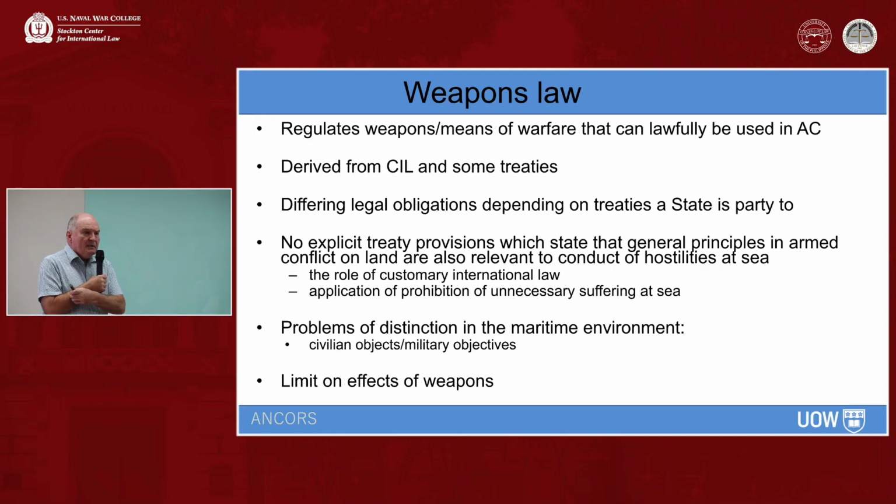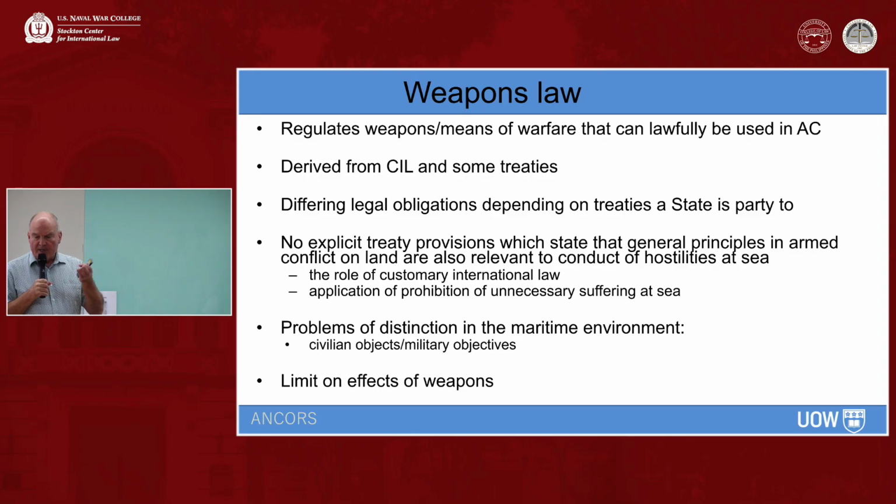Okay. Another bit of law that is of relevance when we're talking about means of warfare is what's described as weapons law. For some of you who like doing study into these things, you can complete courses on weapons law and its requirements.